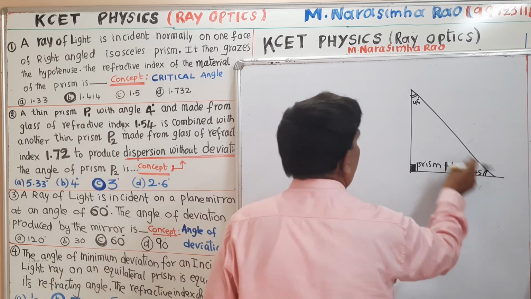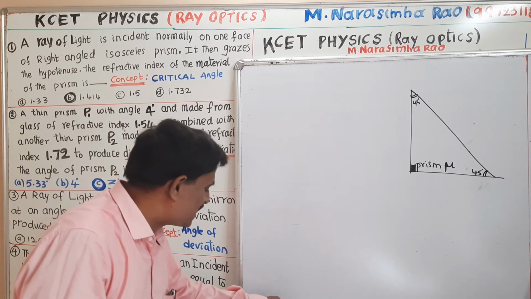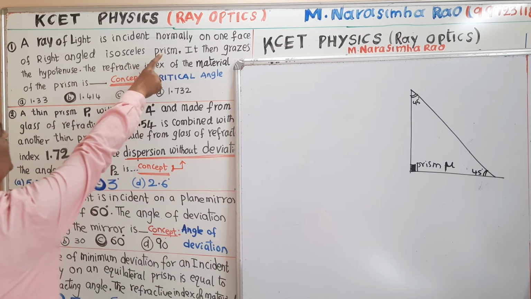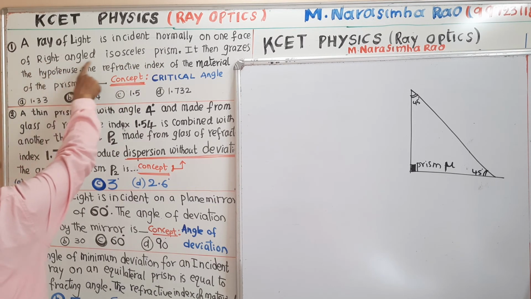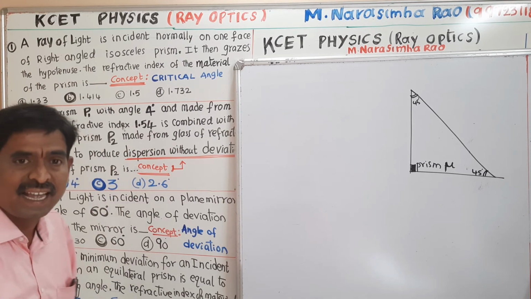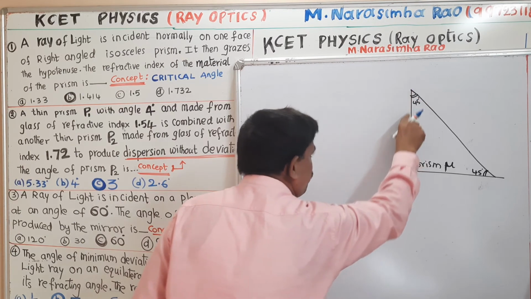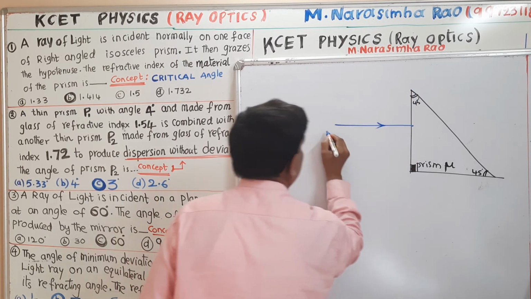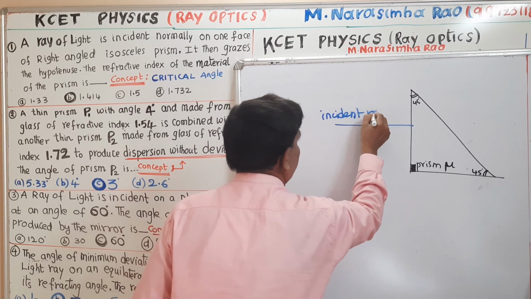Right-angled isosceles prism. They are saying a ray of light is incident normally on one face of the prism. It then grazes the hypotenuse. Now this is the incident light ray.